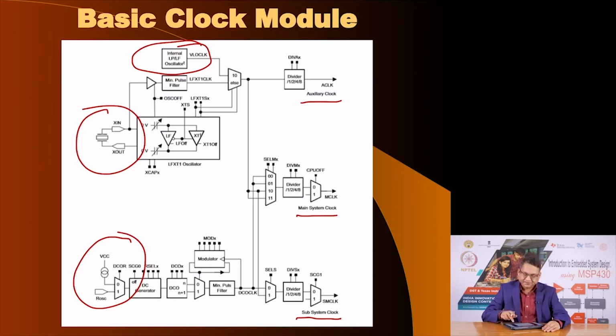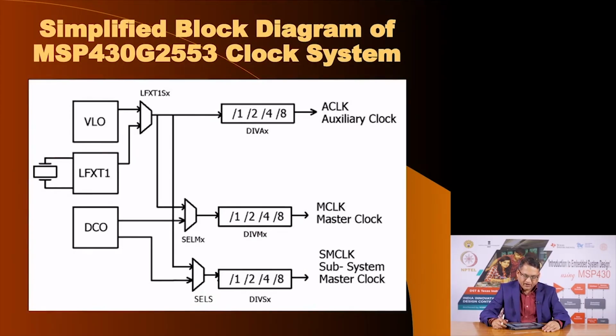can be changed. This is a simplified block diagram of the clock module as applicable in the MSP430 G series. You have a very low frequency internal oscillator, it operates at about 60 kilohertz, we will come to the details. You have a low frequency crystal oscillator. The oscillator is inside the microcontroller, the crystal has to be connected to external pins, and apart from that you also have a digitally controlled oscillator.